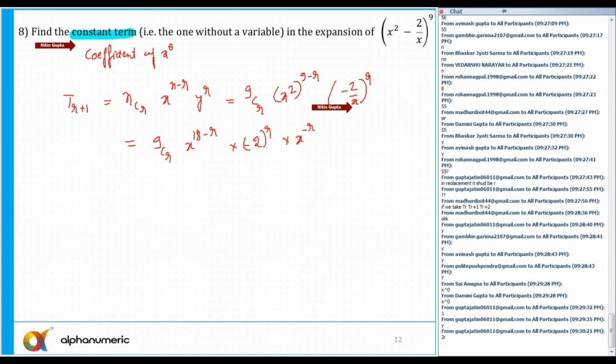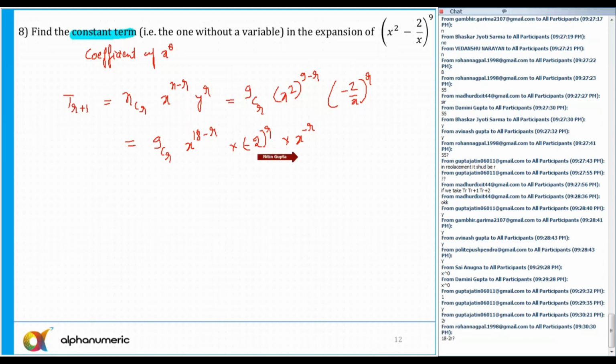Remember, here the term x is in the denominator. So if it goes in the numerator, I'll get x raised to power minus 1, so x raised to power minus r. Combine all the powers of x. So 9Cr into minus 2 raised to power r into x raised to power 18 minus 3r.